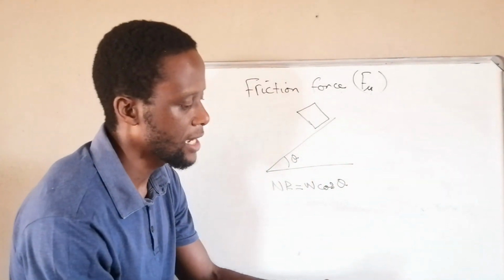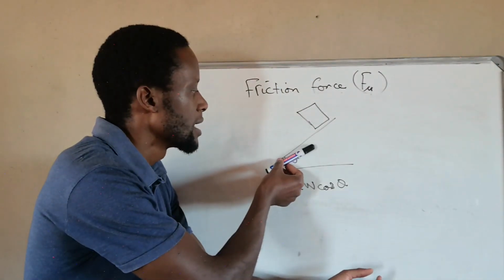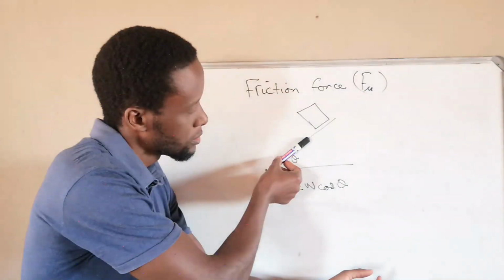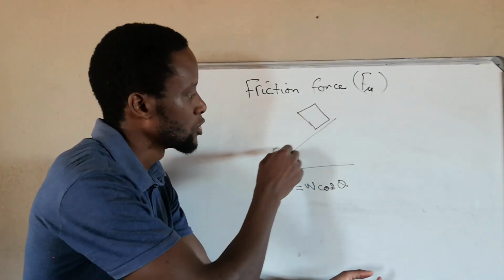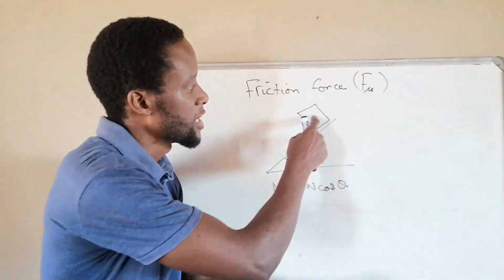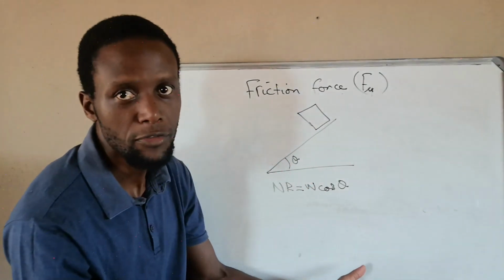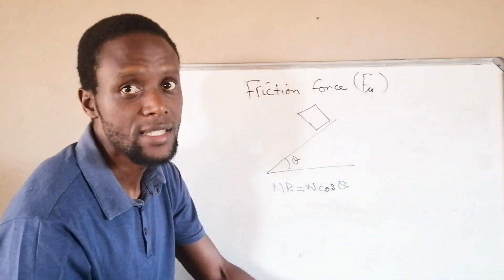And then the other thing that arises is that as we increase the angle, this force starts getting attracted towards the ground, and I call that force which is attracting it towards the ground a sliding force. Depending on how you call it, but for easy understanding I like to call it a sliding force.